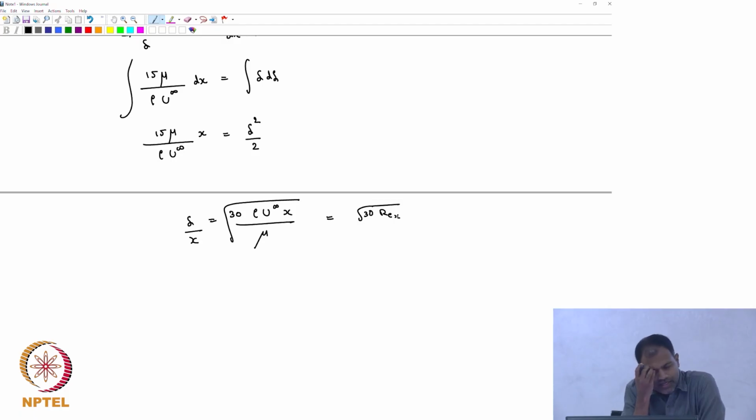The thickness of the boundary layer grows with x, and for a laminar boundary layer, it goes approximately as square root of Reynolds x. So if you assume that the profile is actually parabolic, you end up seeing that. Is that okay?